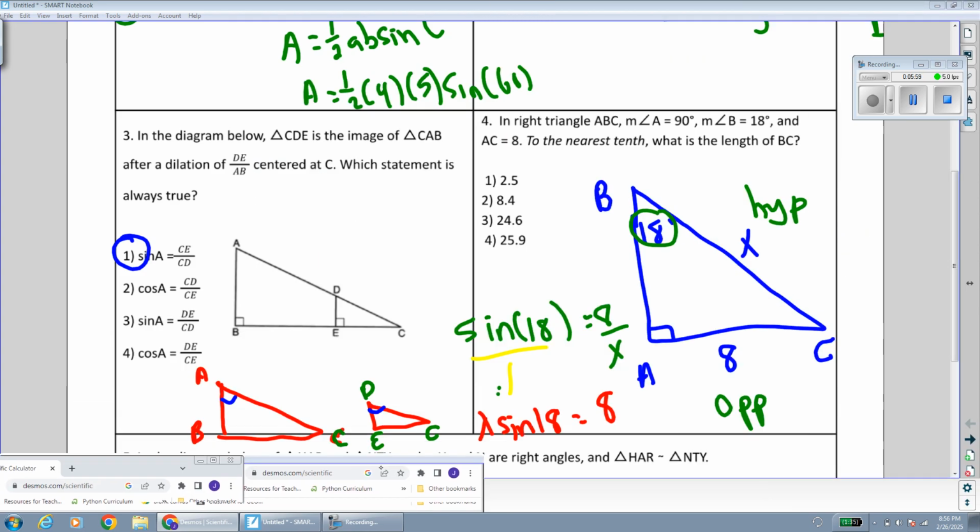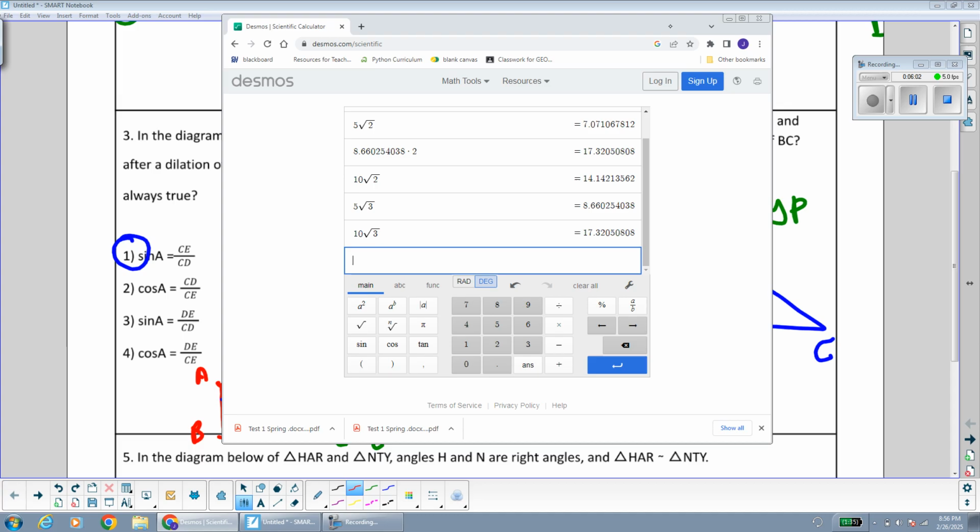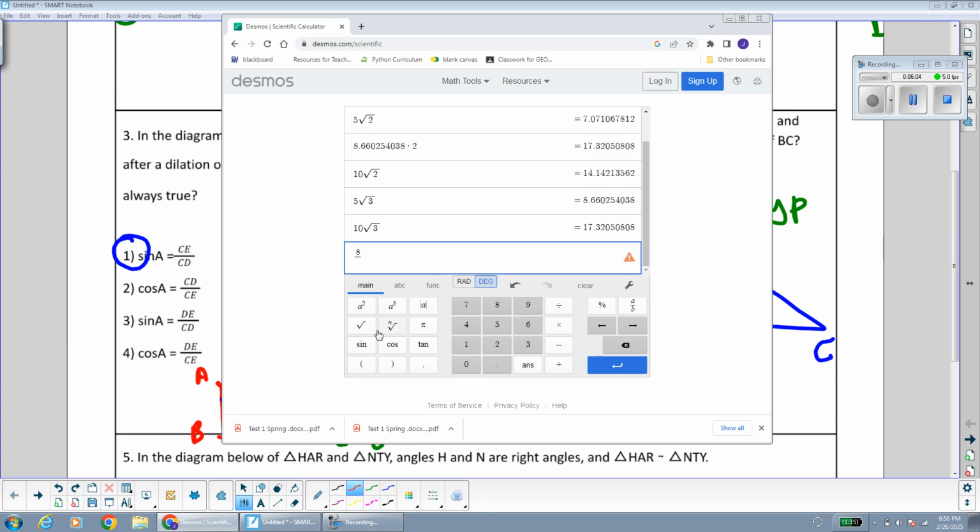What was that again? 8 divided by sine of 18. And that's about 25.8, 25.9, sorry.